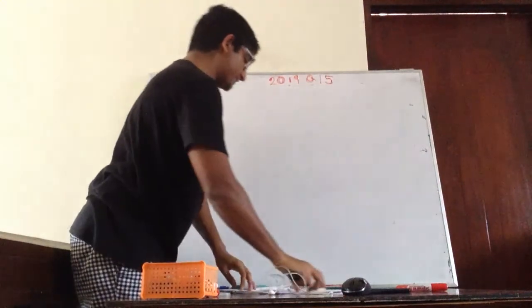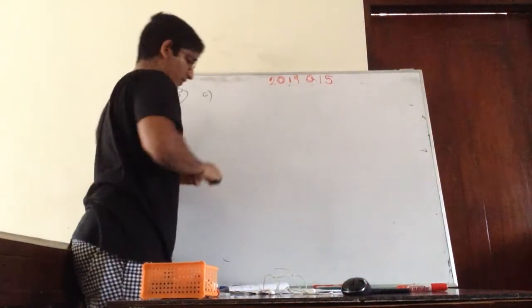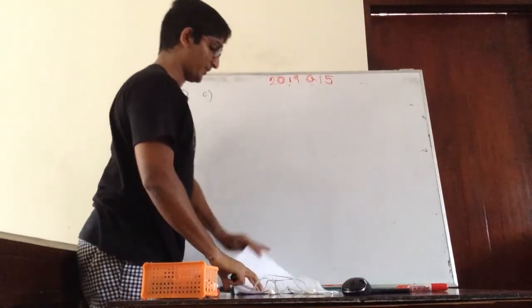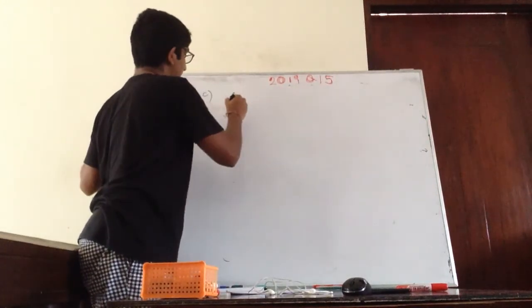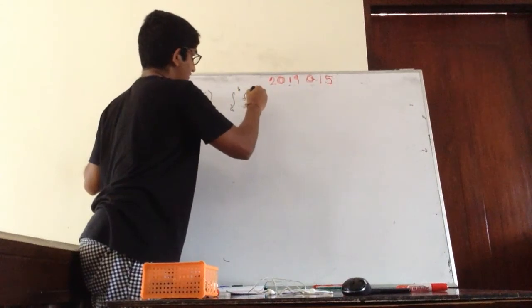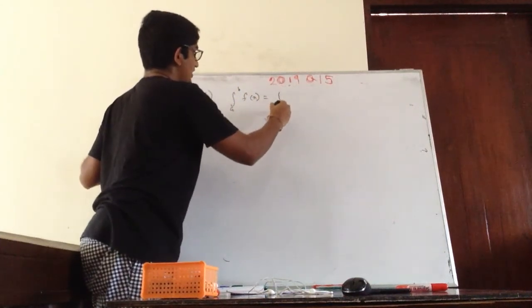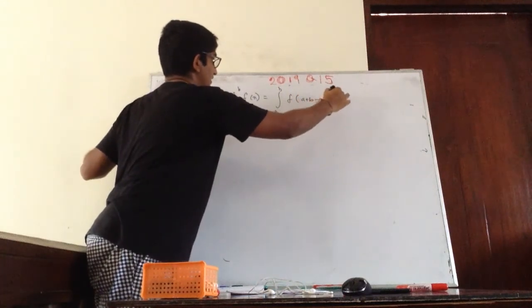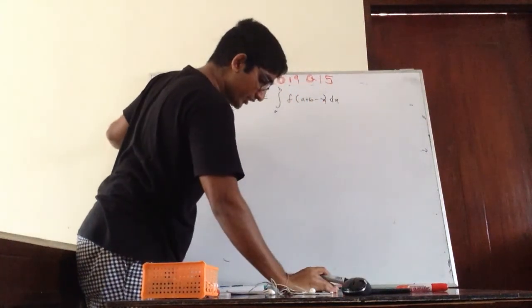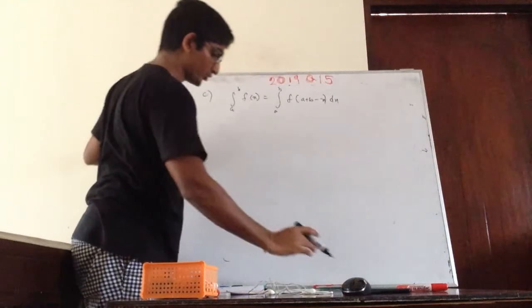So let's consider part C now. Part C says, using the formula integral from a to b of f(x) dx equals integral from a to b of f(a plus b minus x) dx, where a and b are constants, we need to show that.